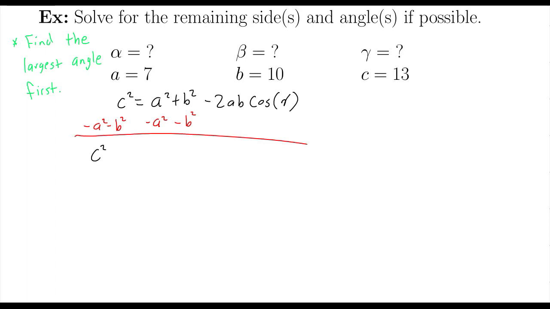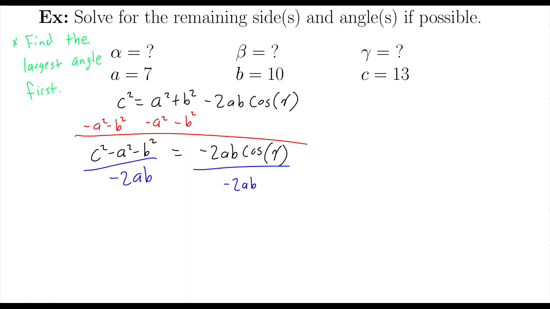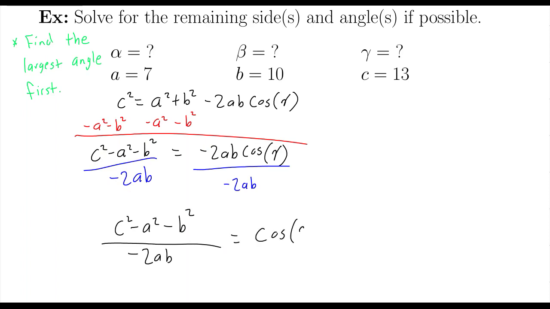So C squared minus A squared minus B squared is equal to negative 2AB cosine of gamma. Then I have to divide both sides by negative 2AB. So I have C squared minus A squared minus B squared over negative 2AB is equal to cosine of gamma.